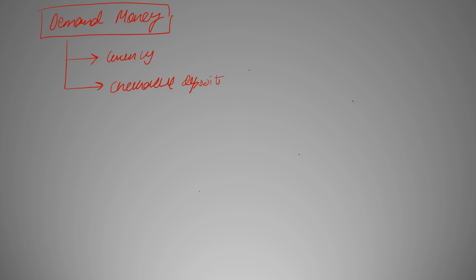Now, as discussed previously, checkable deposits will be a liability of the commercial bank, because they have reserves. So whenever checkable deposits are demanded, the commercial bank will demand reserves from the central bank, and currency is directly under the central bank.